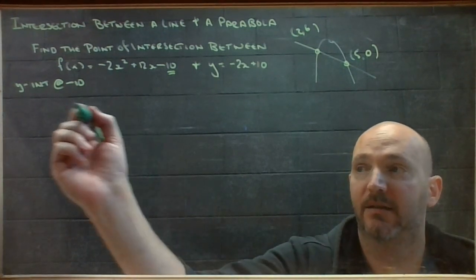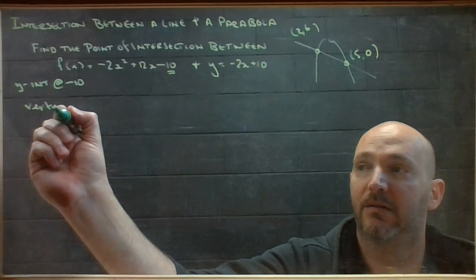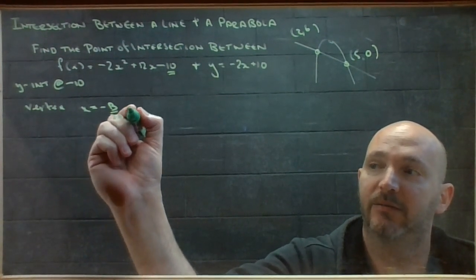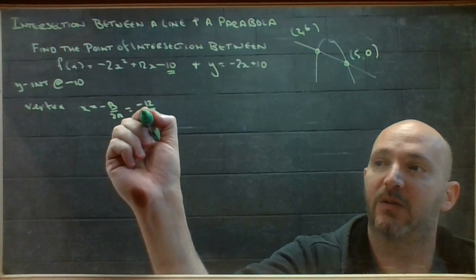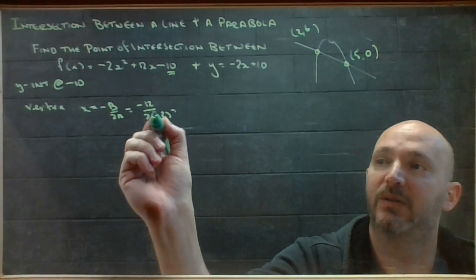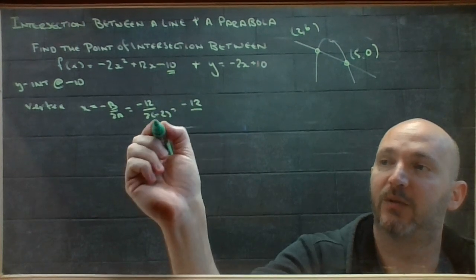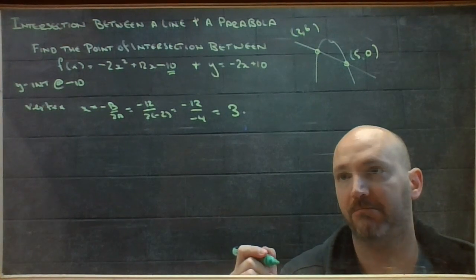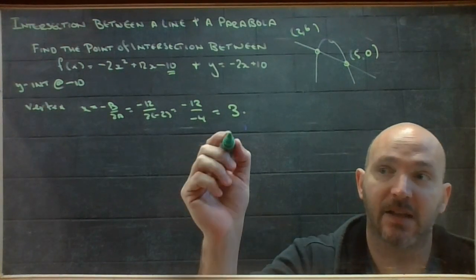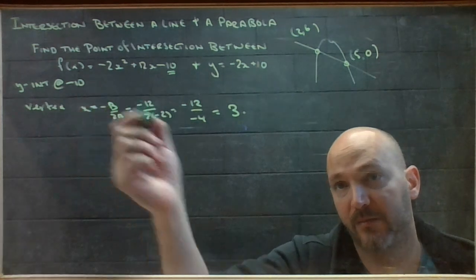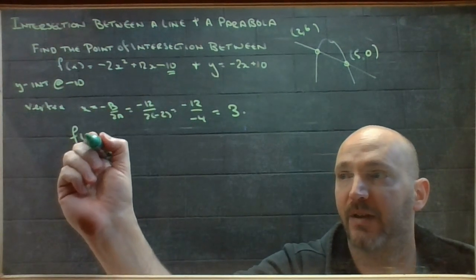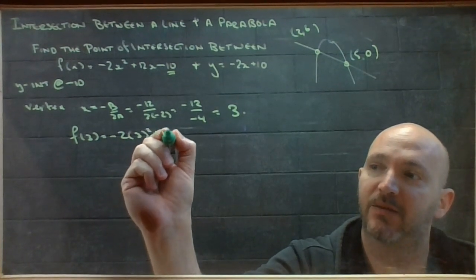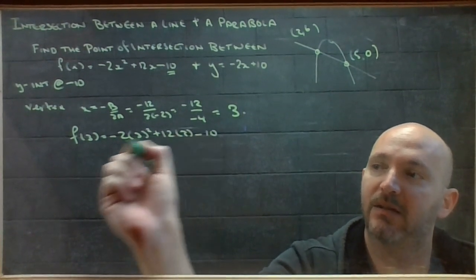My vertex is going to happen when x is negative b over 2a, which is negative 12 over 2 times negative 2, which is negative 12 over negative 4, which gives me 3. That's just the x value. I need the y value, so shove it back into the equation. F of 3 is negative 2 times 3 squared plus 12 times 3 minus 10.